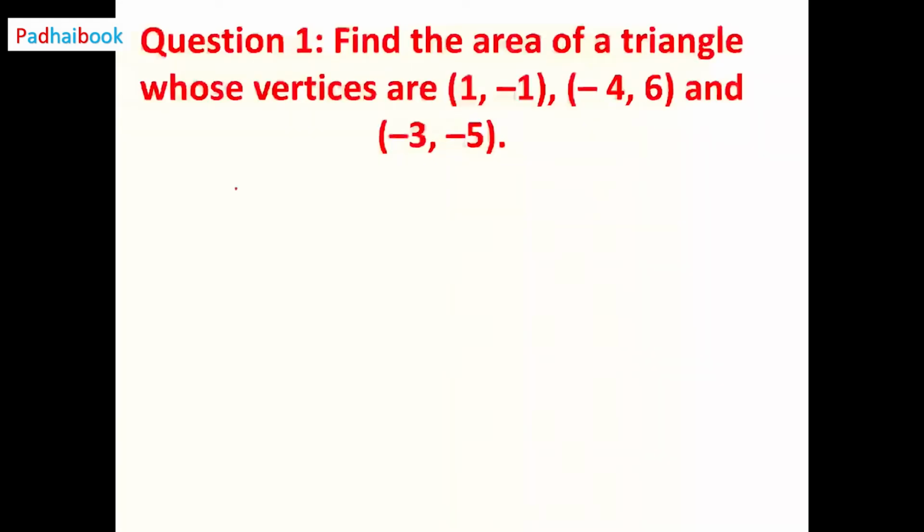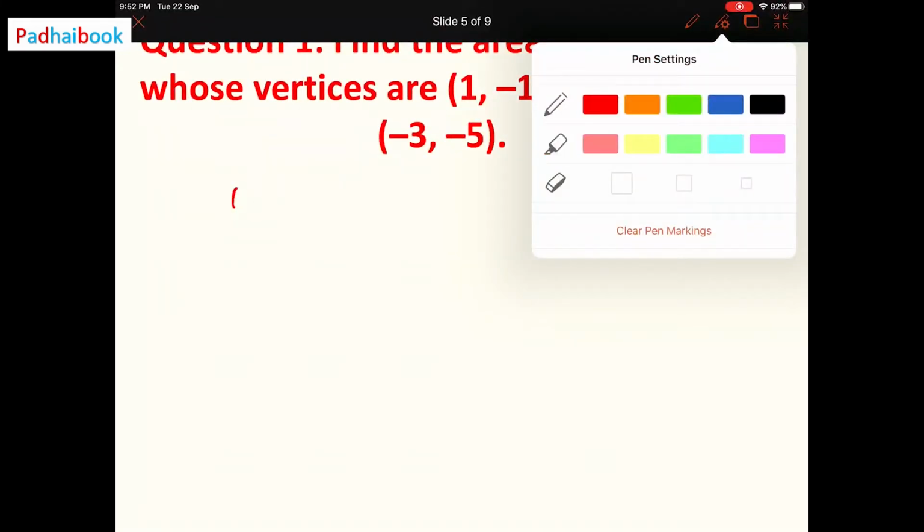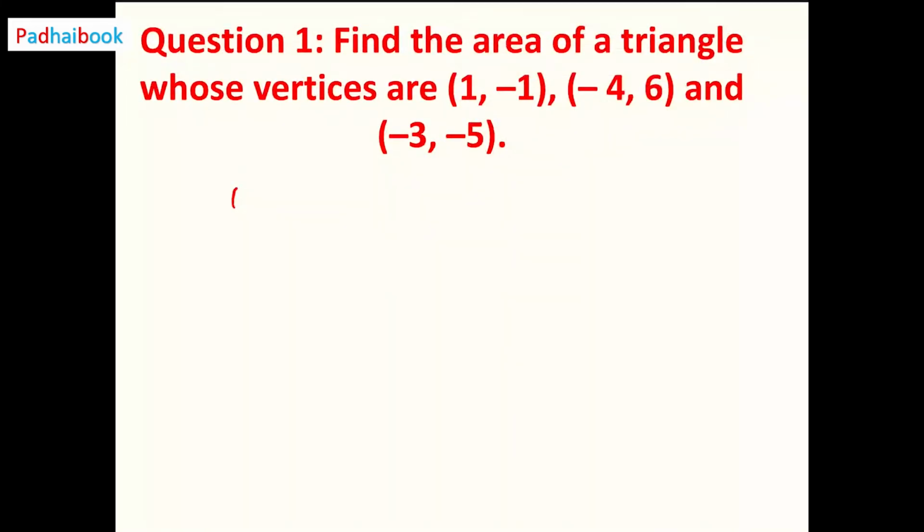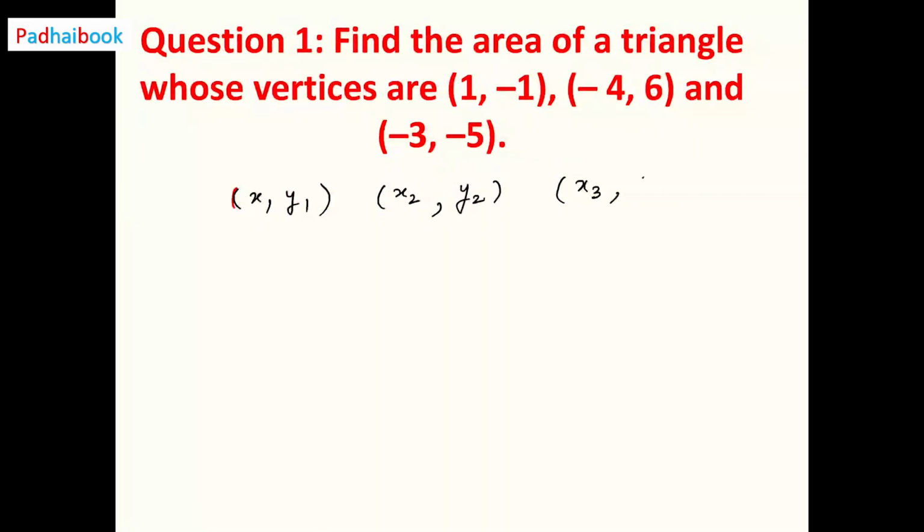Okay, now here you have the question. Before you take this question, I'm telling you how to write the formula. Here you have the 3 points: the first point is x1, y1, the second point is x2, y2, and the third point is x3, y3.